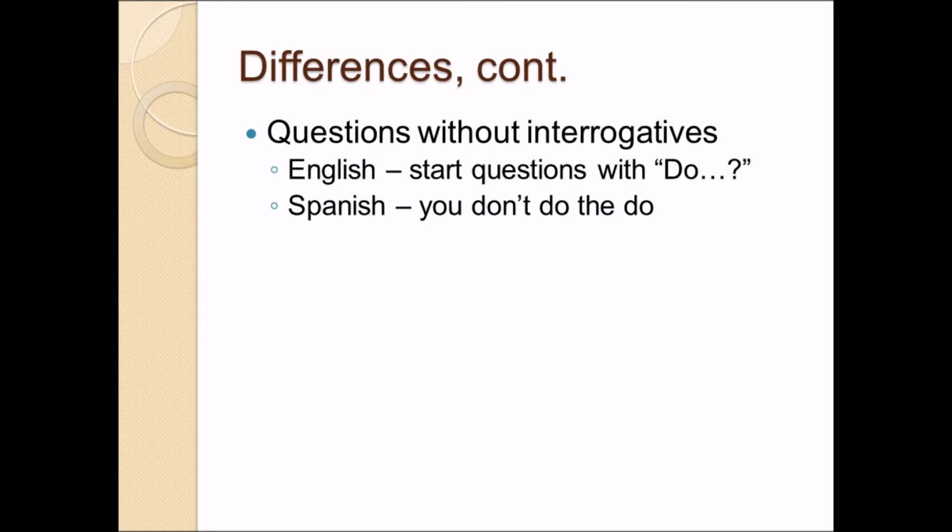Do you jump? Do we eat? So if we don't have a what, where, when question word or interrogative at the beginning, in English we put do at the front. In Spanish, we don't do the do, or as the scholars in class say, you don't do the do in Spanish like you do the do in English.